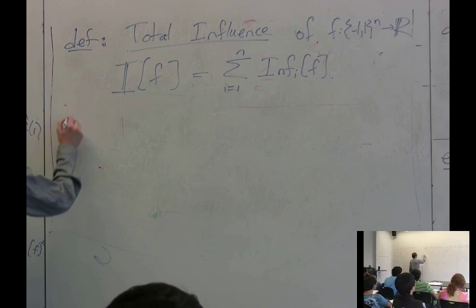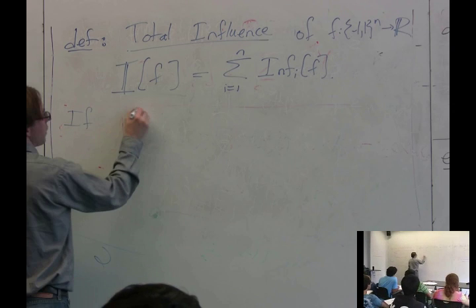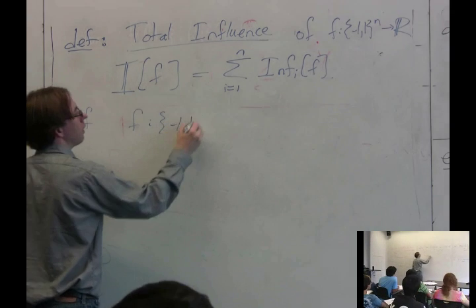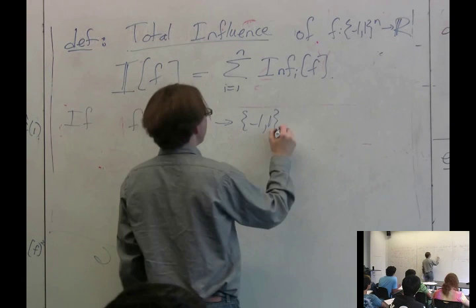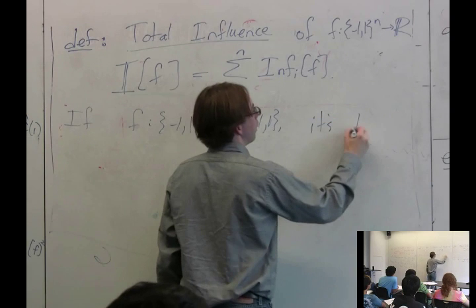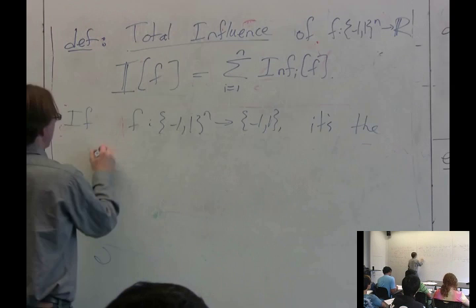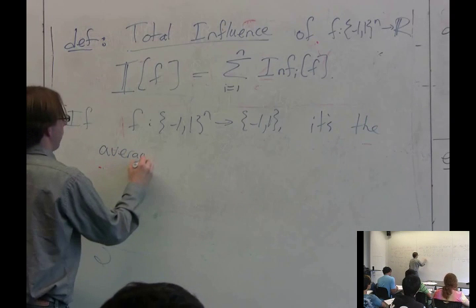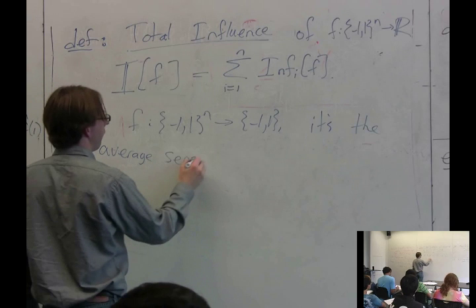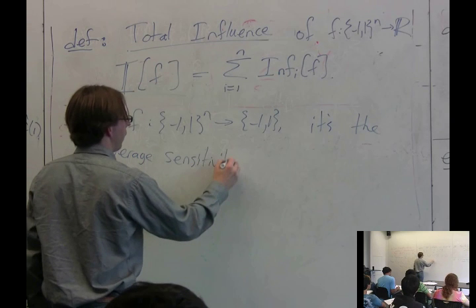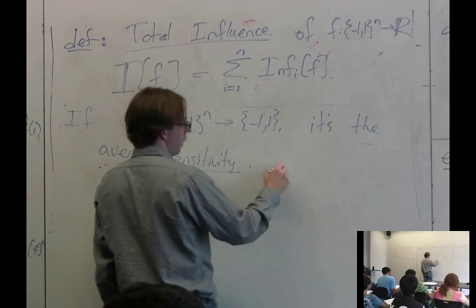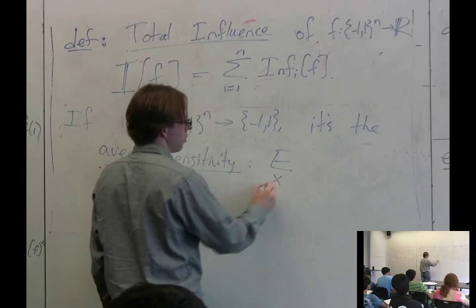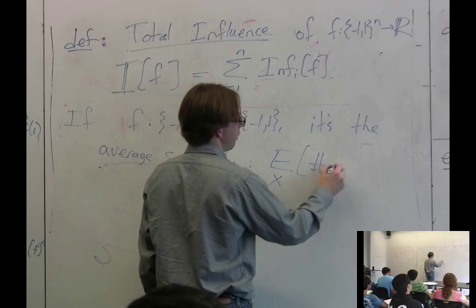Well, in our favorite case, if f's range is -1, 1, it's also called the average sensitivity. Which means it's equal to the expectation, if everybody votes at random, of the number of pivotal voters.